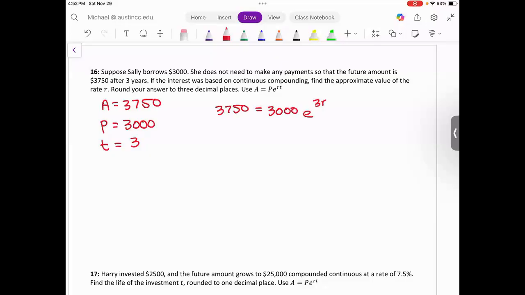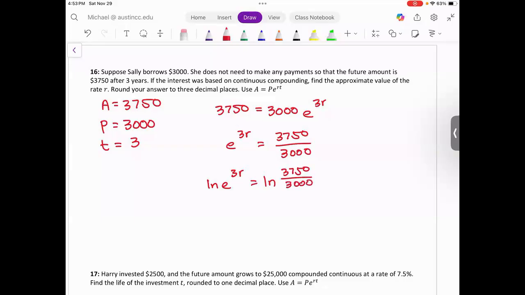Okay, so divide each side by 3000. I'm going to go ahead and flip the sides around too, so we have our variable on the left side. That's going to give us 3750 divided by 3000. Again, we have that base e, so take the natural log of each side. So natural log of e to the 3r is natural log of 3750 over 3000.